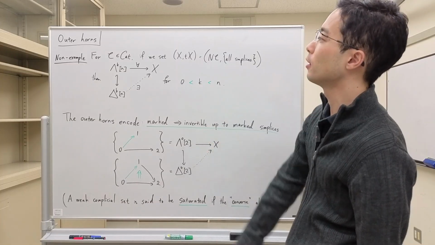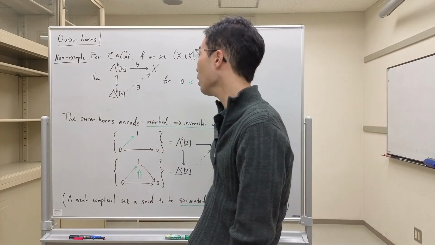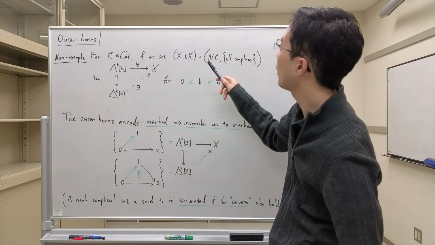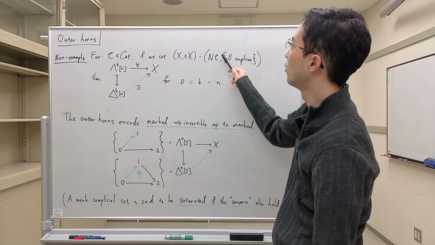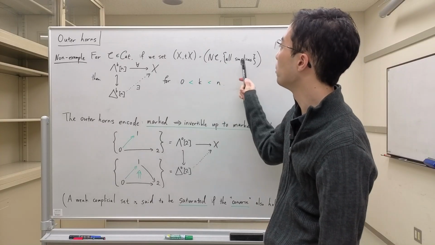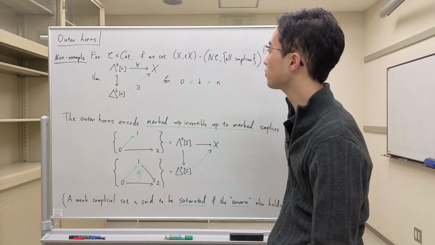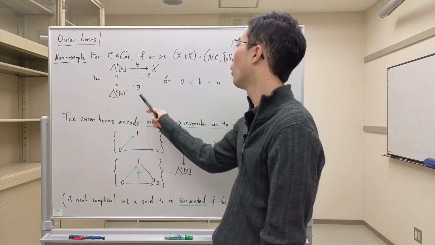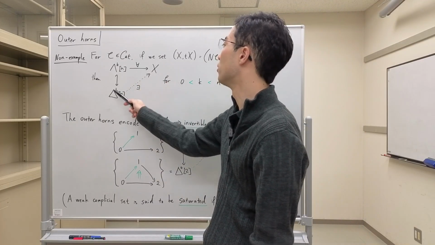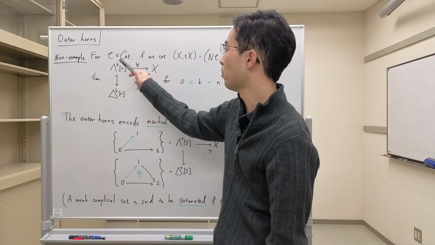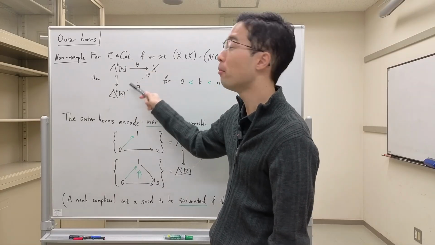So here is a non-example of a weak complicial set. Take a category C and take X to be the nerve of this category C. And we mark all positive dimensional simplices. Then if we think about this kind of lifting problem, because everything in X is marked, the marking on this side doesn't matter.